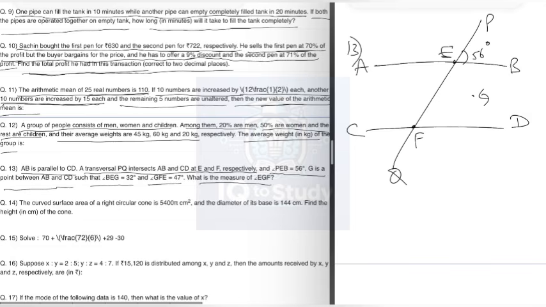Angle BEG is 32 degrees and angle GFE is 47 degrees. We know that the sum of angles in a triangle is 180 degrees.